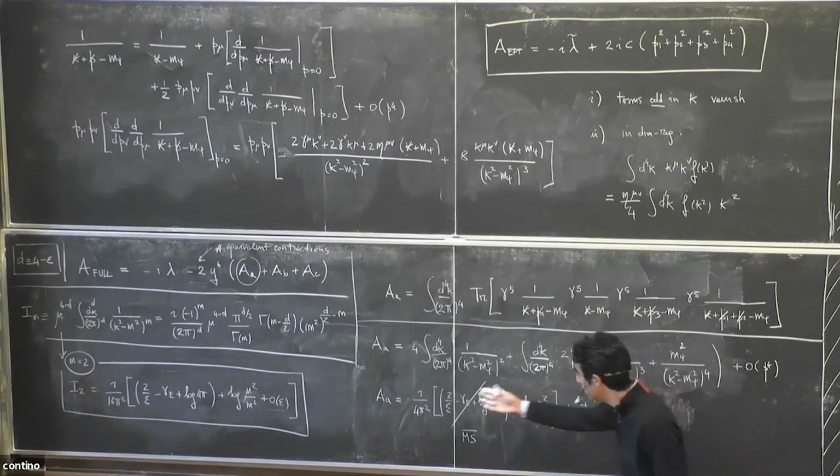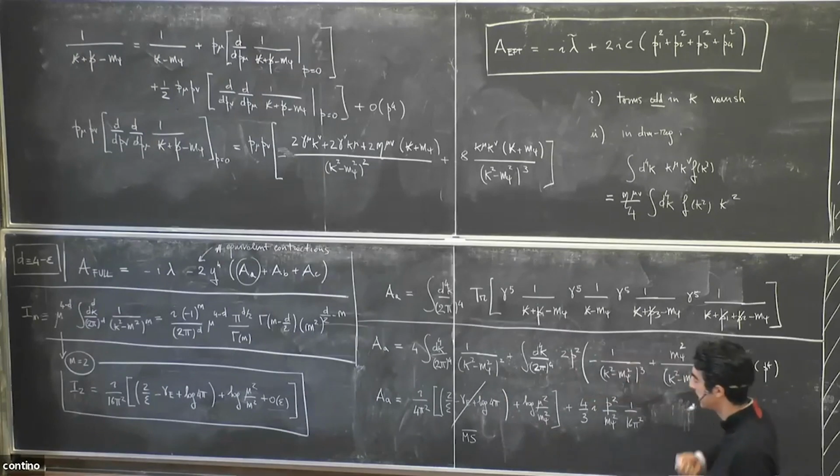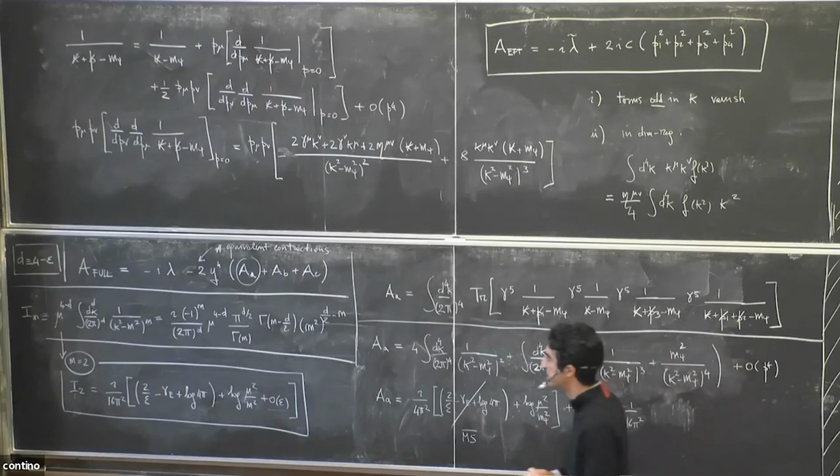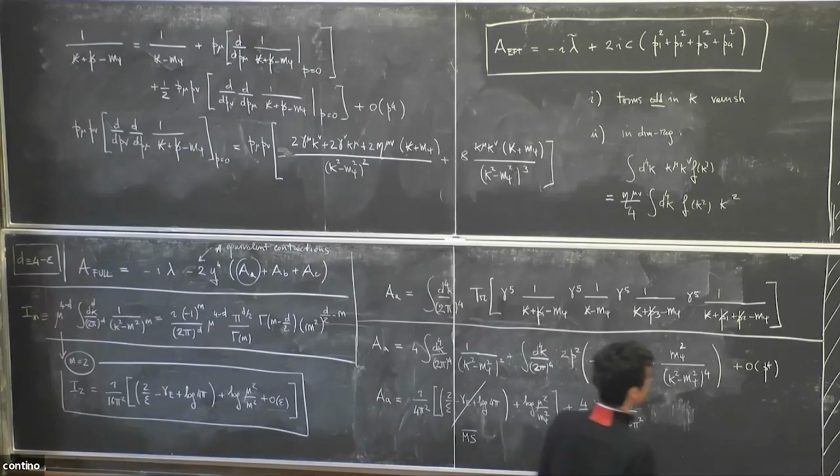How do you do it? There is a divergence here. It's a logarithmic divergence. It has to be canceled by a counterterm. What is the counterterm? Well, it's the quartic coupling of the scalar. Nothing mysterious. Let me write it here.